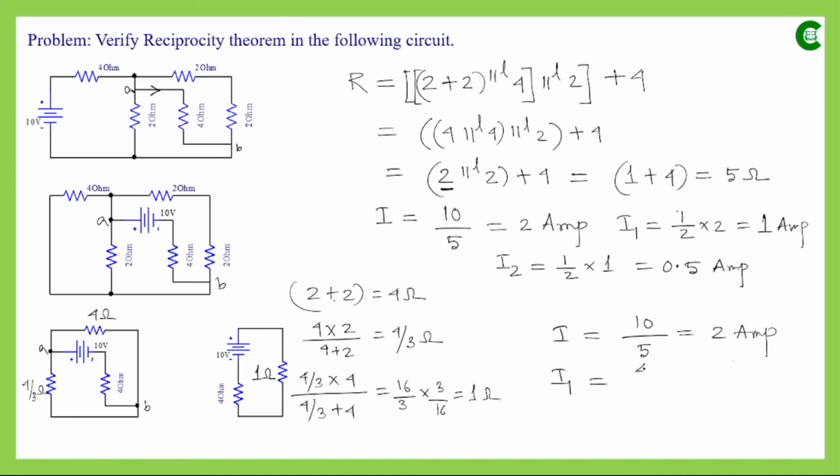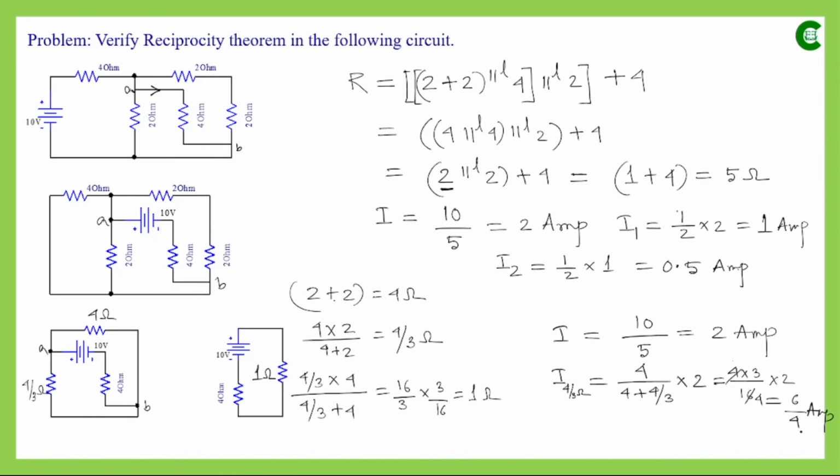So it will be the opposite resistance 4 divided by 4 plus 4 by 3, multiplied by the main current which is 2. So it will be 4 divided by 16 by 3, multiplied by 2, that is 3 by 16 into 4 into 2, and finally it will be 6 by 4 ampere.